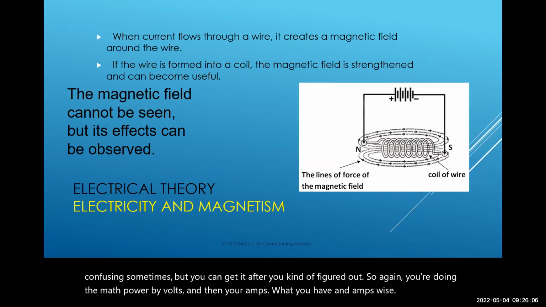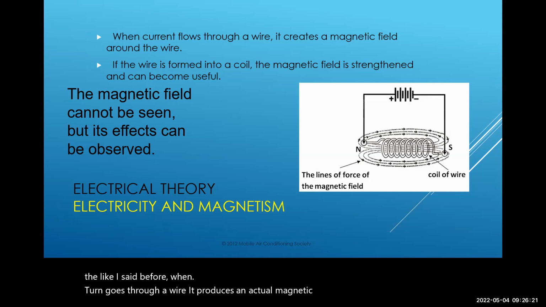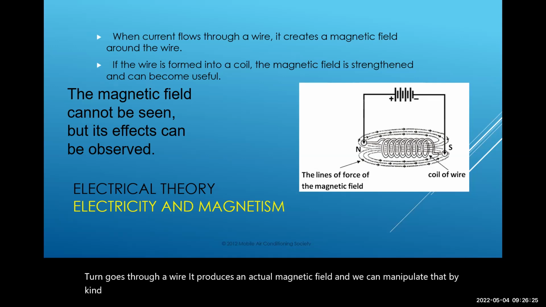So when it comes to magnetism, like I said before, when a current goes through a wire, it produces an actual magnetic field, and we can manipulate that by running it around an iron core to multiply it even more.